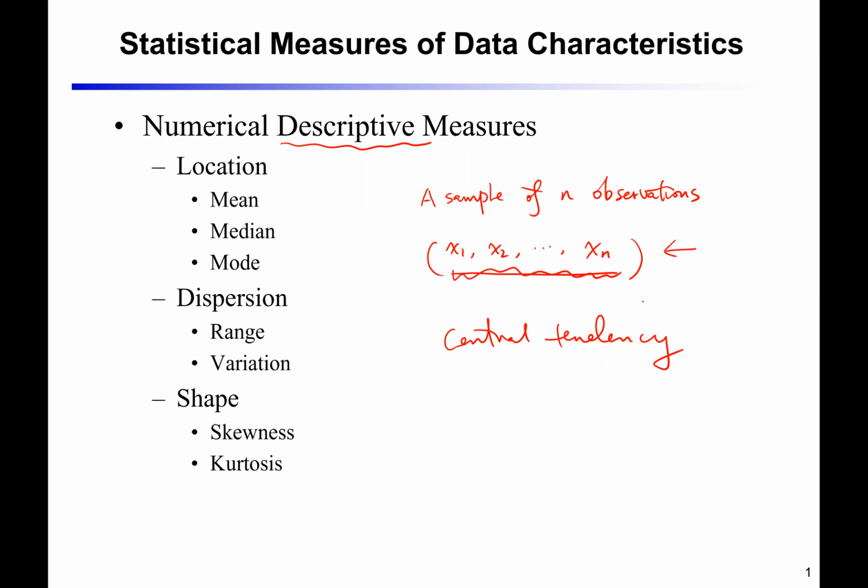Skewness means whether the distribution is skewed to the right or skewed to the left. Kurtosis means you have a very narrow variation or a very wide one, that is, a thin distribution or a fat distribution. So that's called kurtosis. Now let's have a look at each of these definitions.